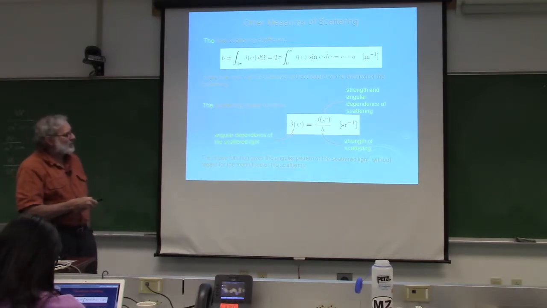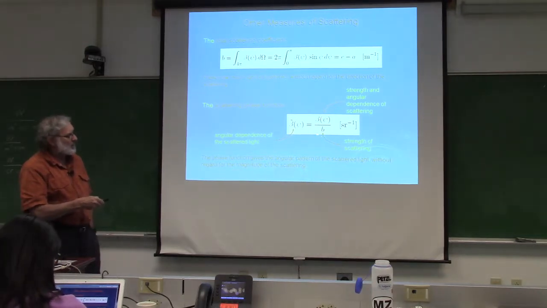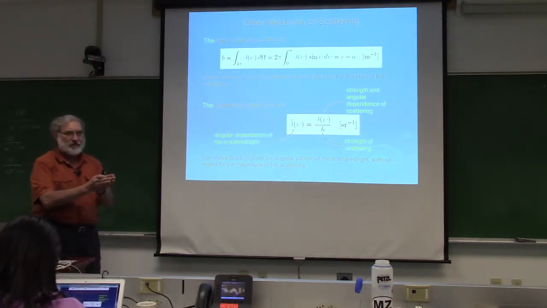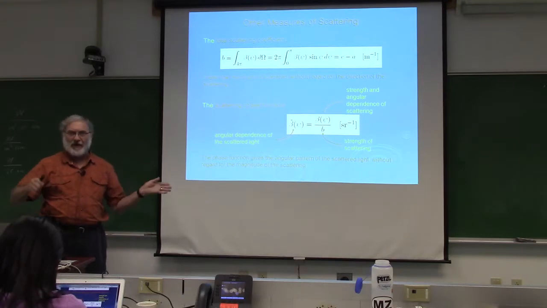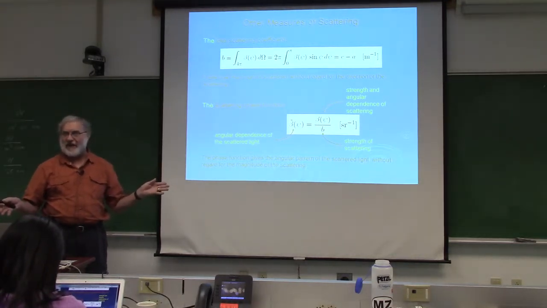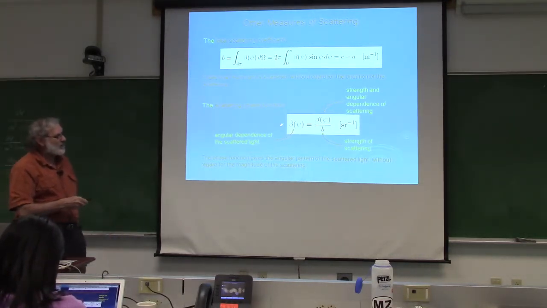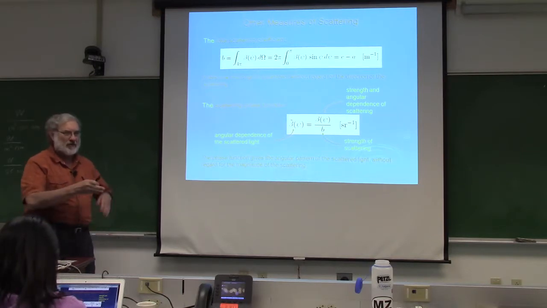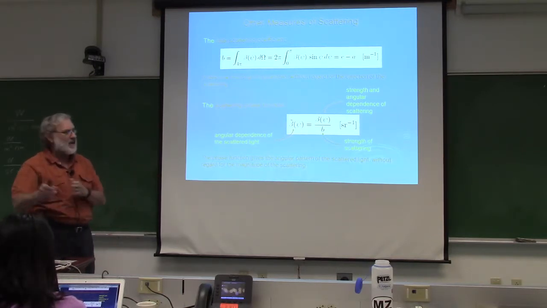So you can say, let's take the total thing, strength and angular dependence, normalize it by the strength, and you'll get this thing called the phase function, which gives you just the angular dependence without telling you how much light is actually being scattered. So that's the definition of the phase function. It's the VSF, volume scattering function, divided by the scattering coefficient. And so this shows you the shape of scattering. You know, is there more in this direction, more in that direction?